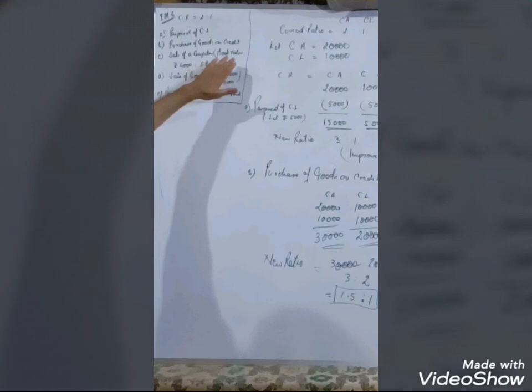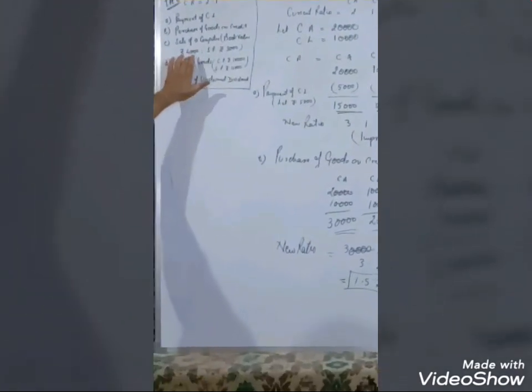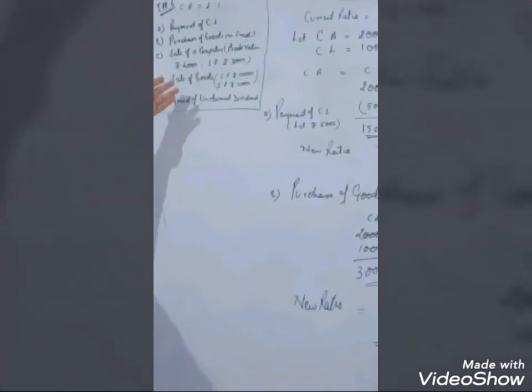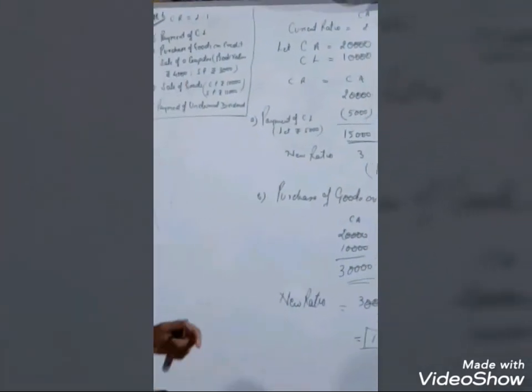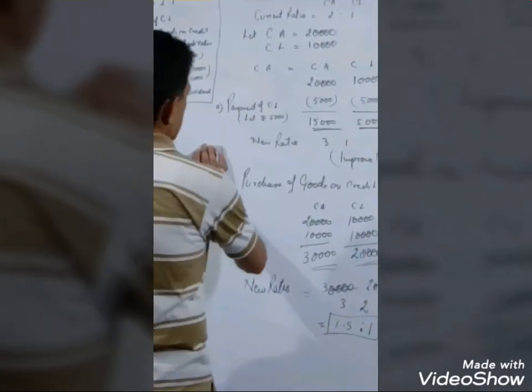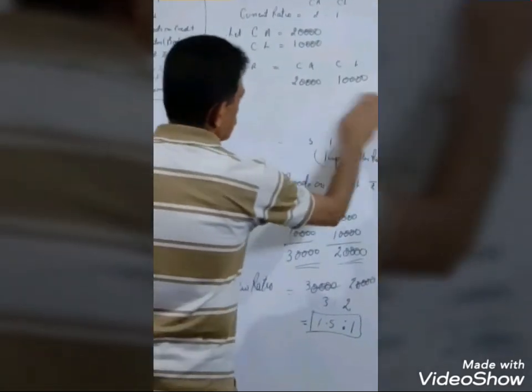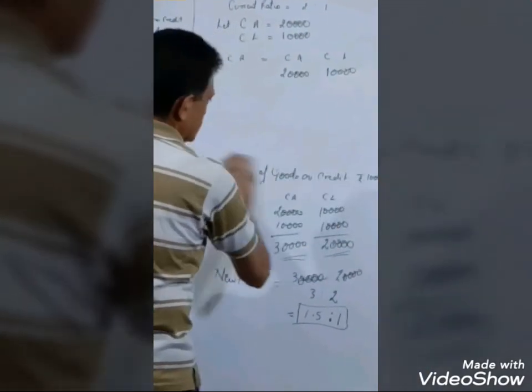Now, third is sale of a computer having book value of rupees 4,000 and selling price rupees 3,000. That means a computer of rupees 4,000 has been sold for rupees 3,000. Now, what will be the effect of this transaction on the current ratio? So, we will now take it like this.